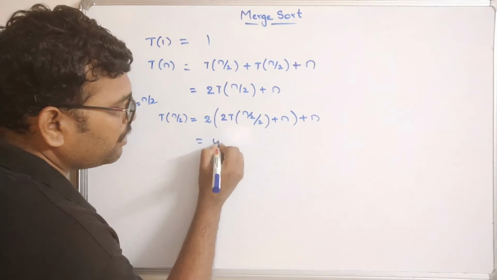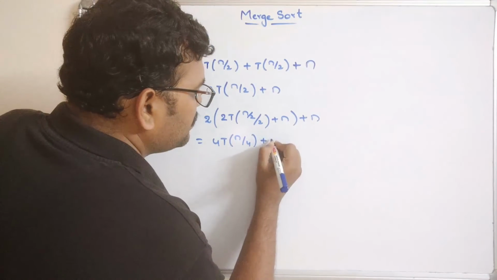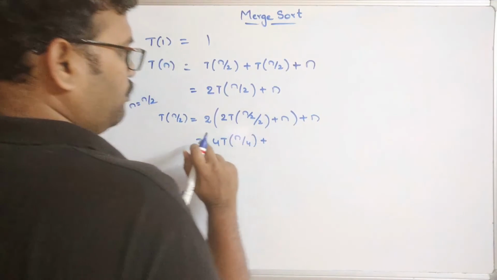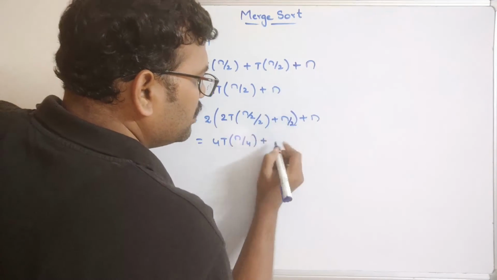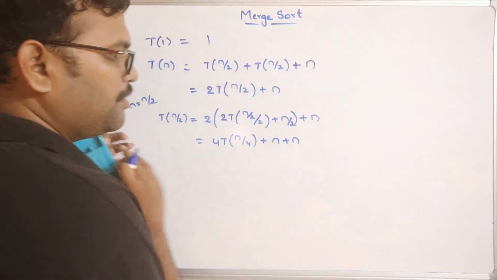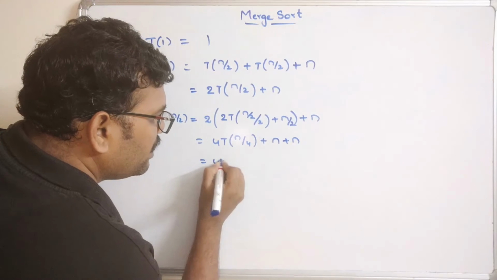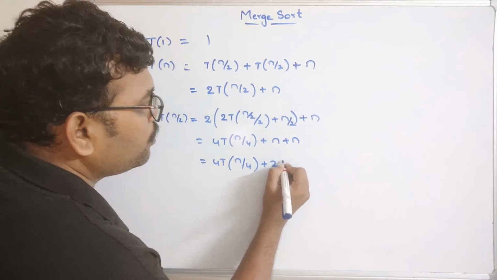So it will be 4T of n by 4 plus, what happens here? This is n by 2, right? So 2 into n by 2 will be n, plus n. Which gives 4T of n by 4 plus 2n.